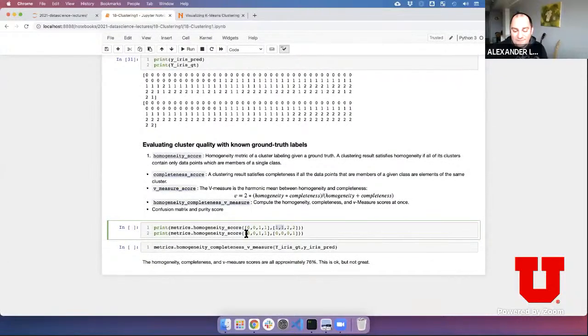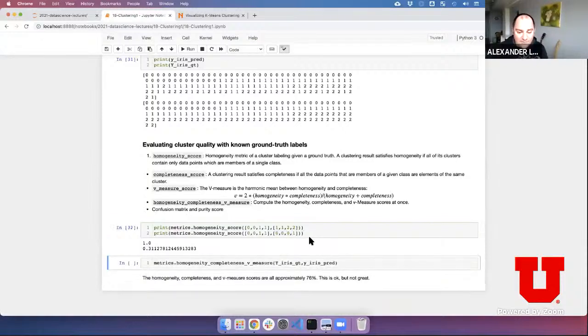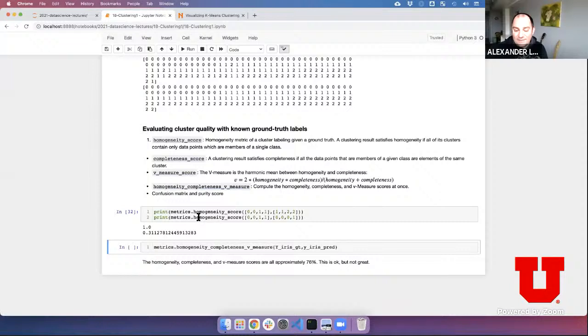And then here we would have an example where we have a not perfect clustering result, where, let's say, this is our ground truth here, and then we have our clustering result, where we have misclassified 1. And we can look at this. We can see the homogeneity score for the first one here is perfect, and for the second one, it's actually fairly low because we have so few samples.